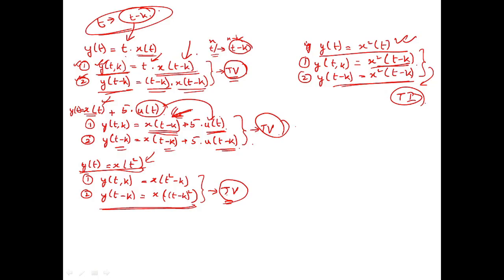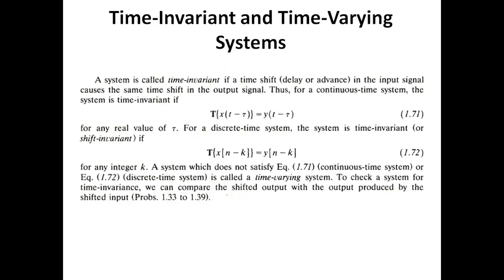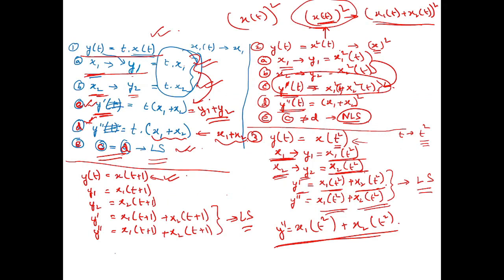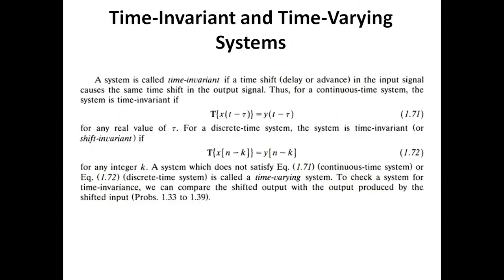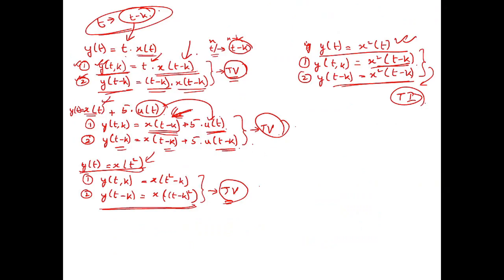Okay. So in the previous case, it was a linear system. Here it is a time varying system.